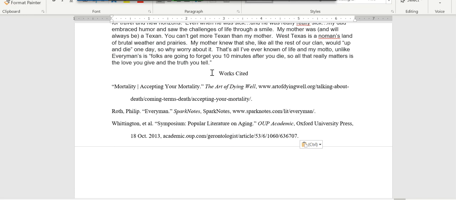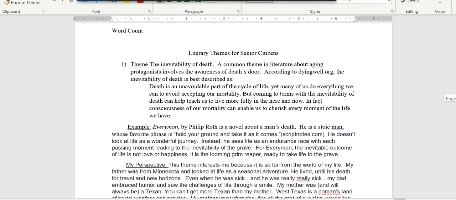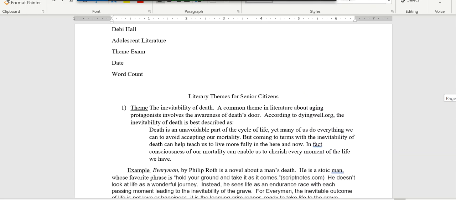Now, it's okay if you do the works cited at the end with all of it, as long as it's formatted correctly. Personally, if I was taking this exam, I would have the citations after each answer. And that's how you're going to do this. Only the difference is you're going to be doing this with adolescents rather than with senior citizens.